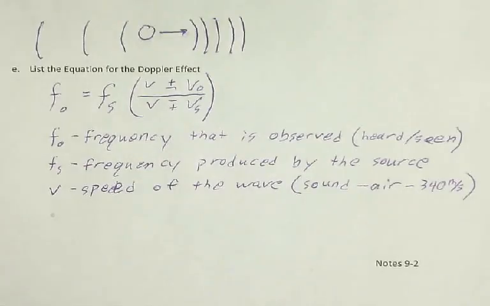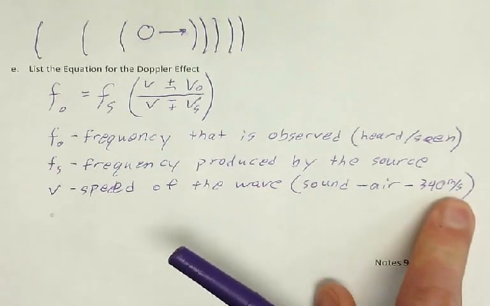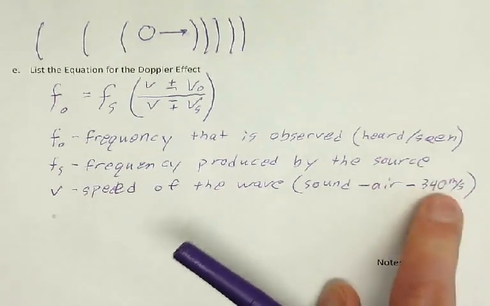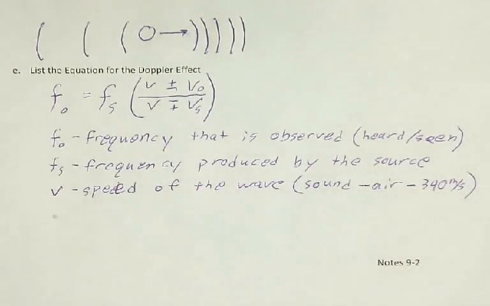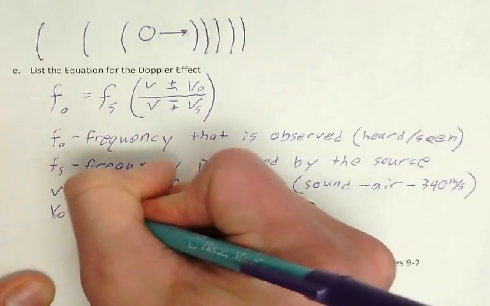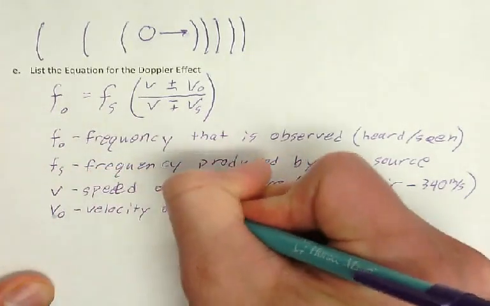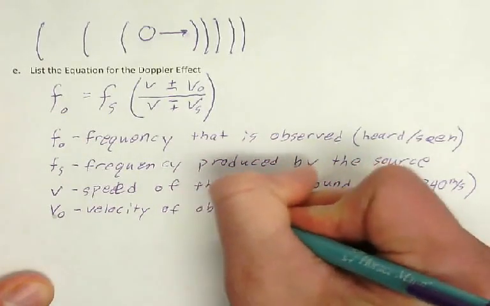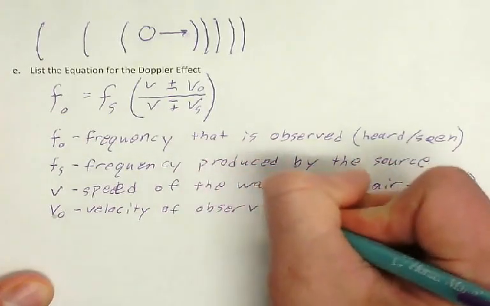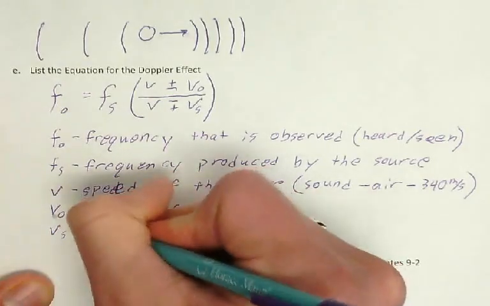You don't have to memorize it. But this number you're going to use almost always. Speed of sound through the air. Okay, Vo is the velocity of the observer. And Vs is the velocity of the source.